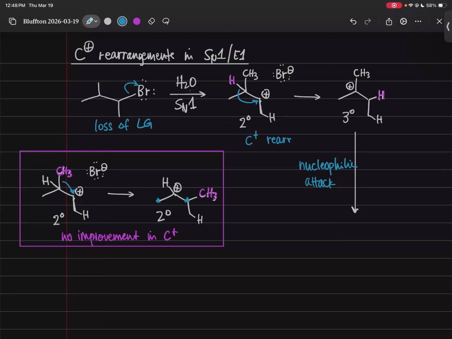I said that our nucleophile is water, and so the nucleophile is going to attack the new carbocation. The bromide that left was on this carbon, and now that carbon has the hydride that's migrated. So the nucleophile is attacking a different carbon atom than the leaving group was on originally.